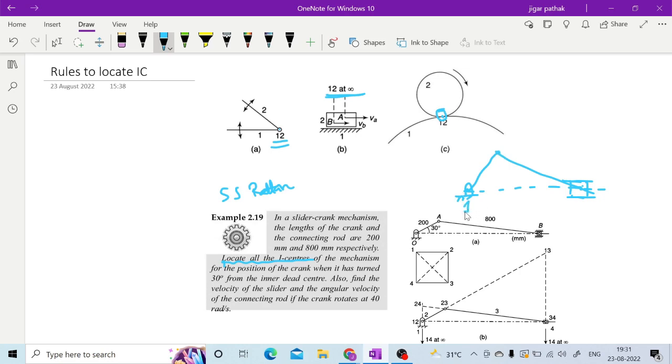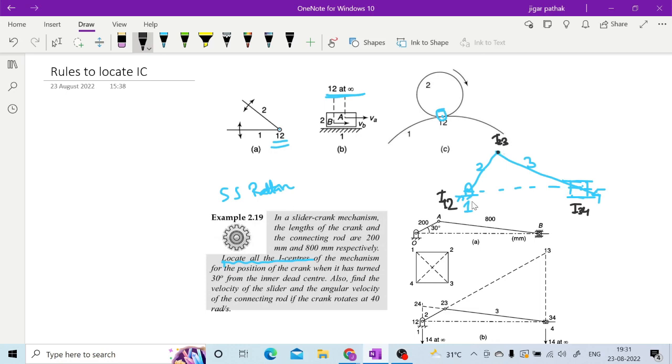If you call these 1, 2, 3 and the slider 4, your I12 will be here, and here you will have I34, which are connected by turning joints, and here you will have I23.